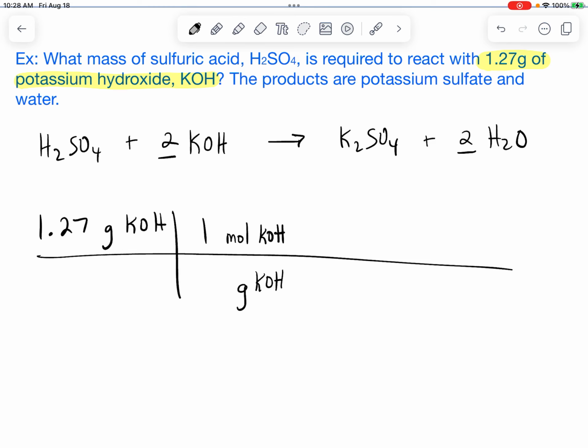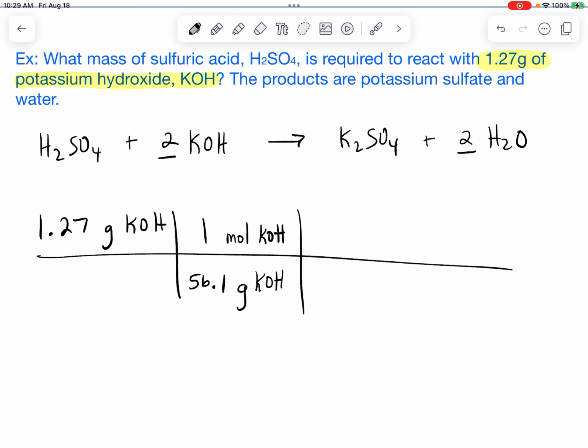You add up the atomic mass of potassium, oxygen, and hydrogen. Potassium has a molar mass of 39.1, oxygen has a molar mass of 16, and hydrogen has a molar mass of 1. We add up all of those values and we get 56.1 grams of KOH is equal to 1 mole of KOH.